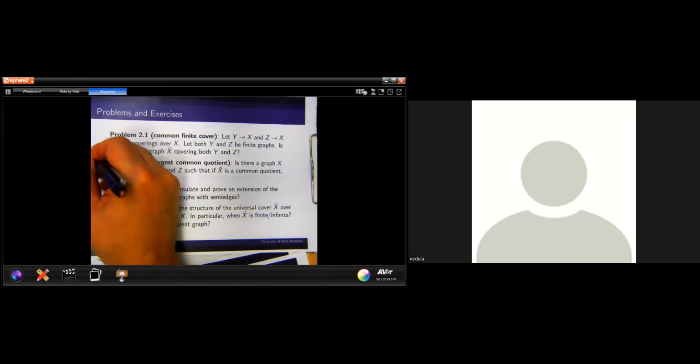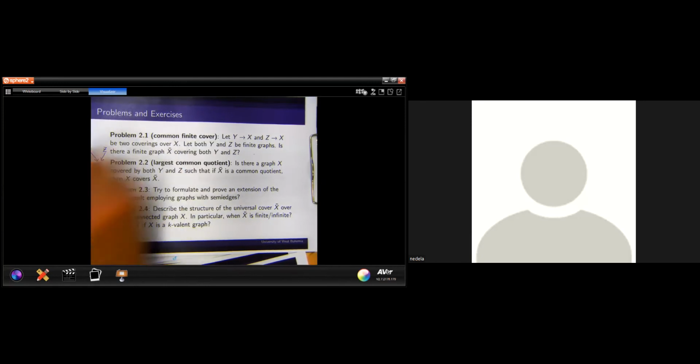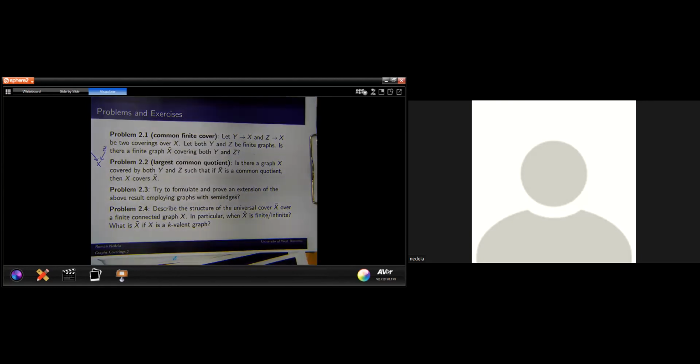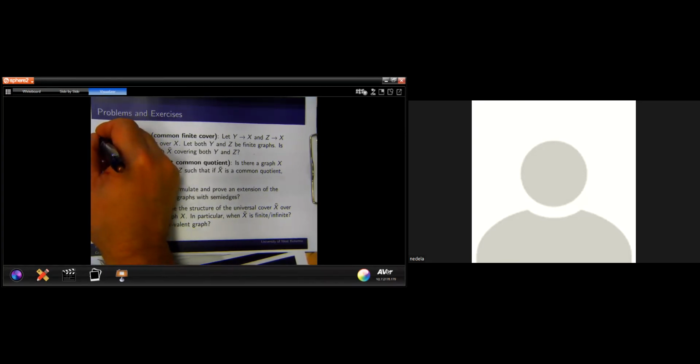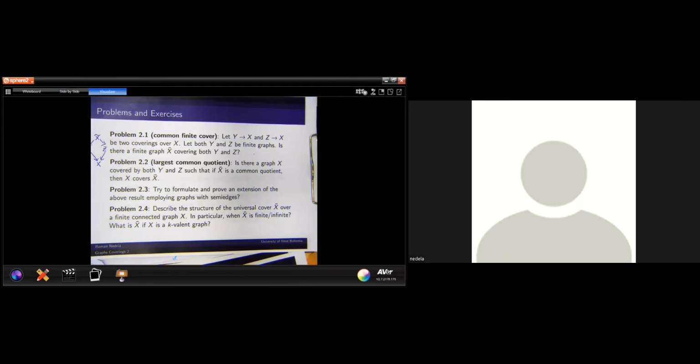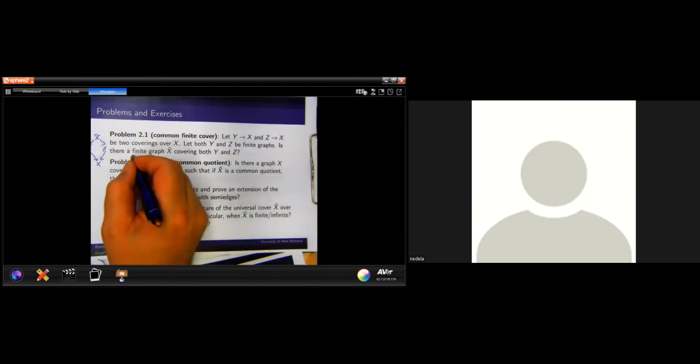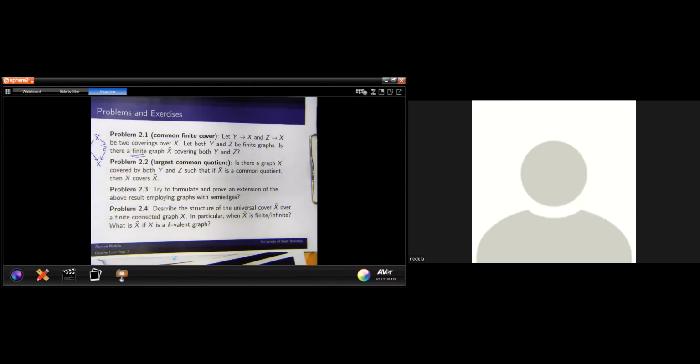So we have this situation, Y and Z. The question is, and suppose all these guys are finite, can we construct some common cover X tilde covering both guys, and moreover we want to have it finite.